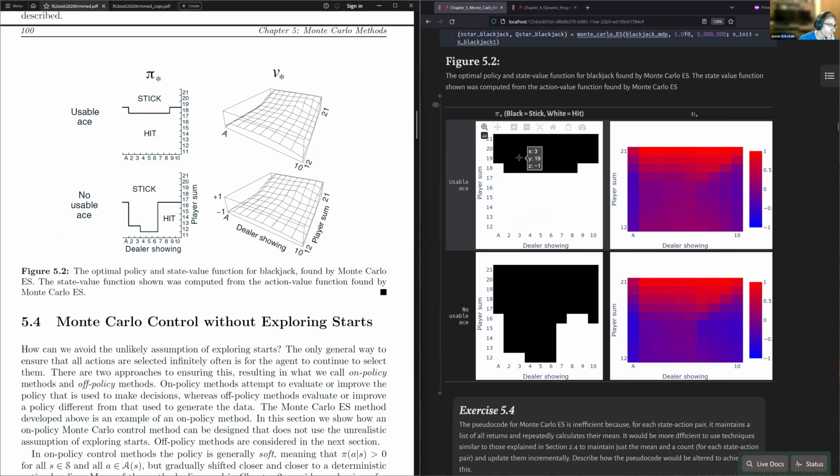Here it actually matches the true optimal policy. But if I run this again, you'll see that this diagram changes slightly. Sometimes there's a little notch here or something.